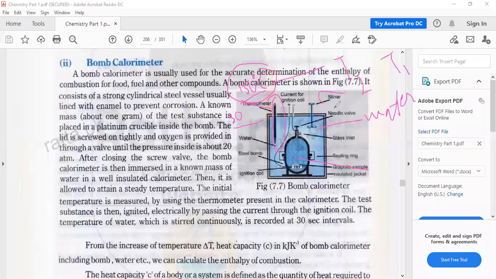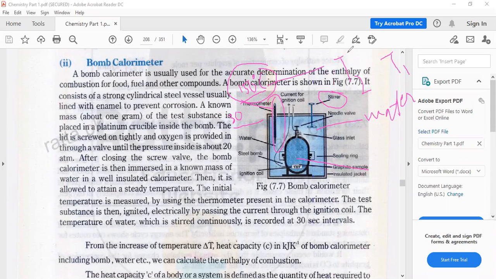Here you can see a stirrer is also attached to evenly distribute the heat in the water. So this is all about the bomb calorimeter. It is also insulated, because if we do not insulate it, heat will move towards the surroundings, and if heat is wasted in the surroundings, we are not able to perfectly calculate the enthalpy change of the system.